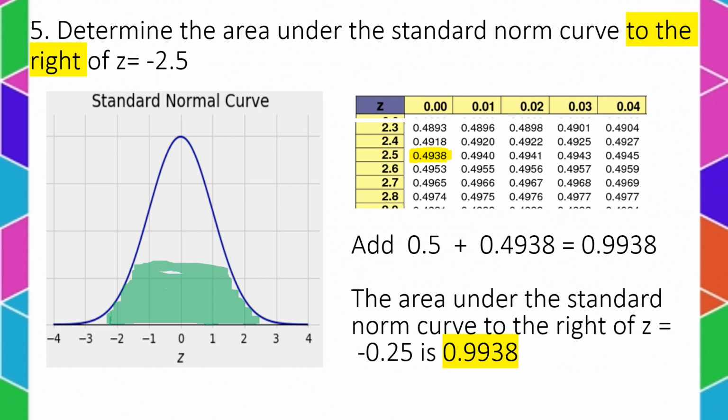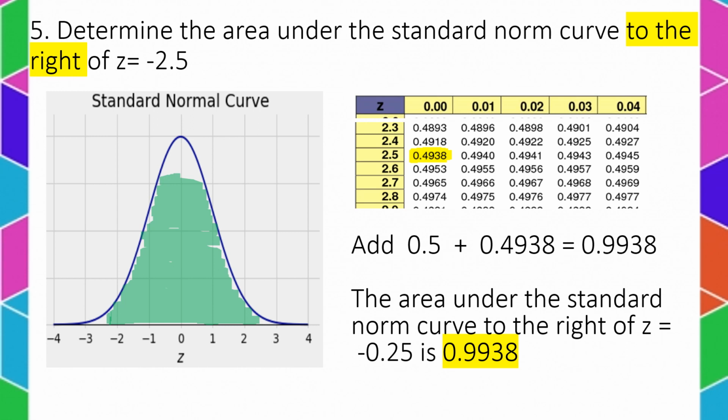Diba, sabi sa ating properties of normal curve distribution, the area under the normal curve, the total area is equal to 1 or 100%. Diba? So, pag sinave mo lahat yan, 100%. Pero yung area na tinutukoy dito sa problem is 99.38.